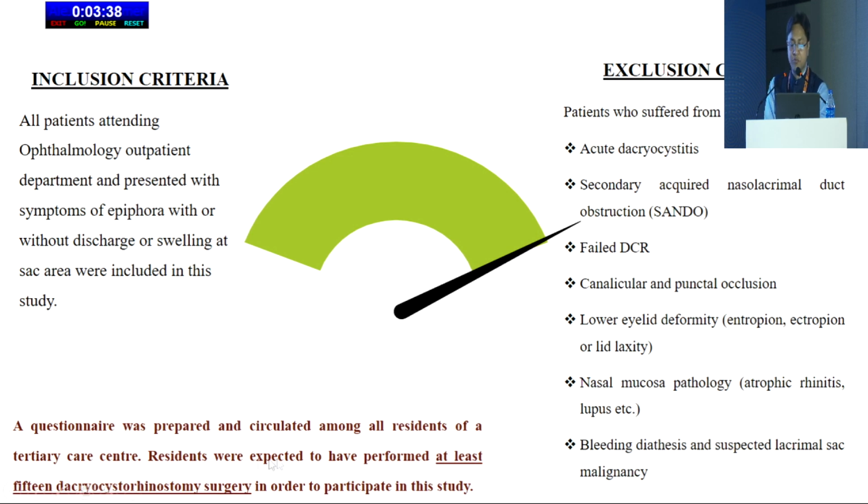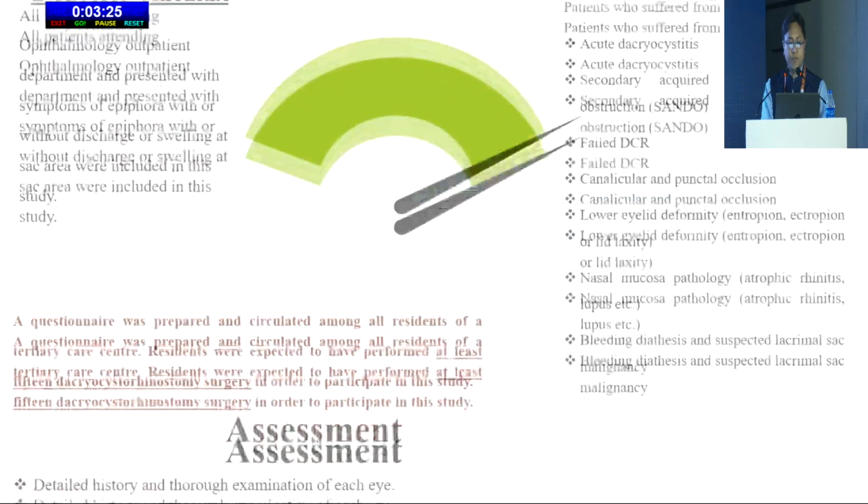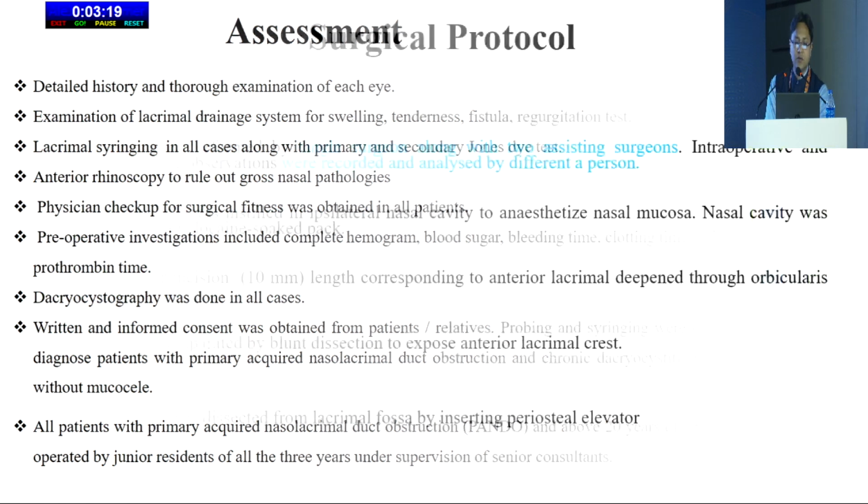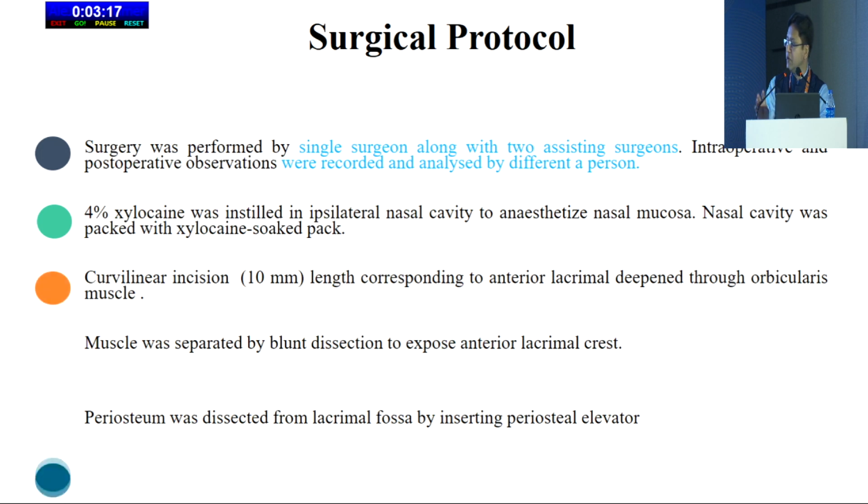And we prepared a questionnaire for all the residents, which we gave. We quantified 7-8 major steps in the DCR surgery process. All the patients were assessed as per the guidelines of our own hospital, and the DCR protocol was followed.